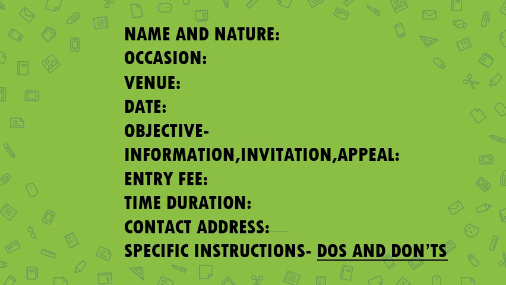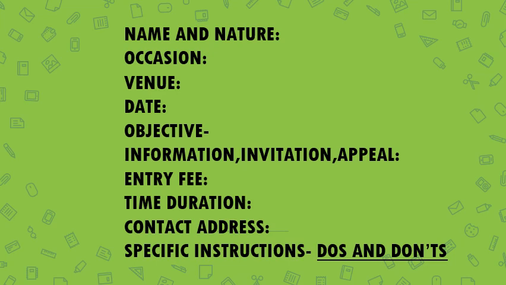If this has been organized on a special occasion, do specify that as well, followed by the date, the venue, the time, the objective, information, invitation, appeal. So you can provide information, you can invite the people, or you can appeal for a mass gathering or mass participation.